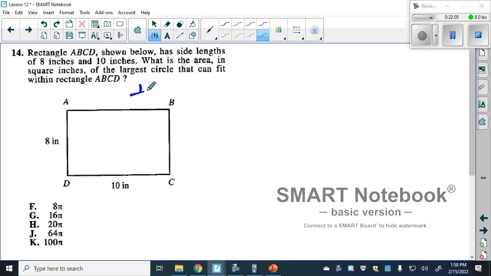So we're talking about it being inscribed into this figure. So if we put a circle in here, can the circle have a diameter greater than 10? Well, can the circle have a diameter of exactly 10?